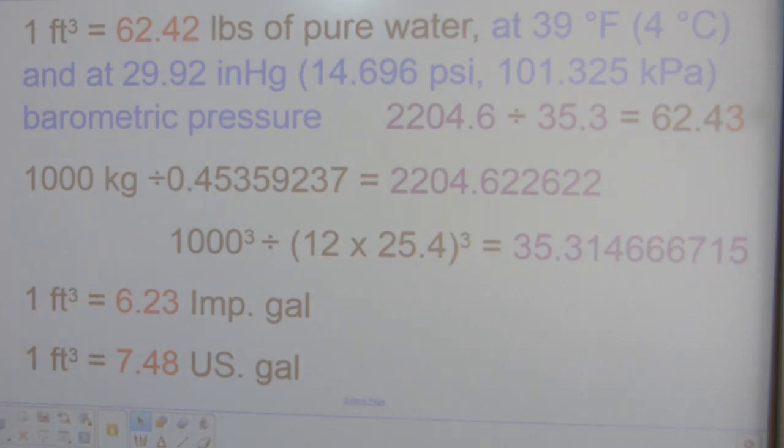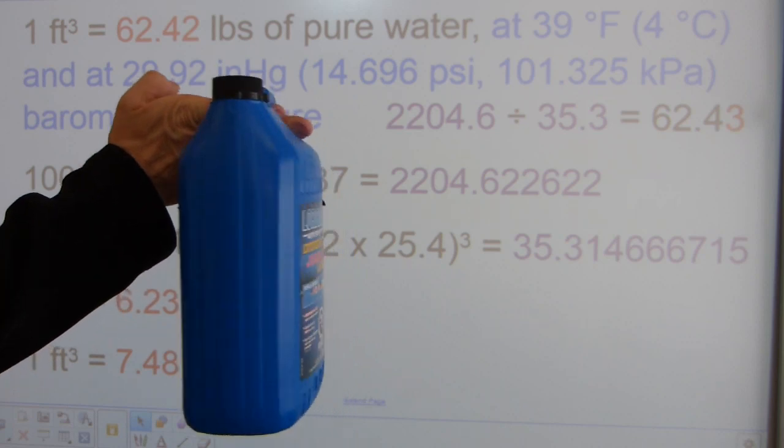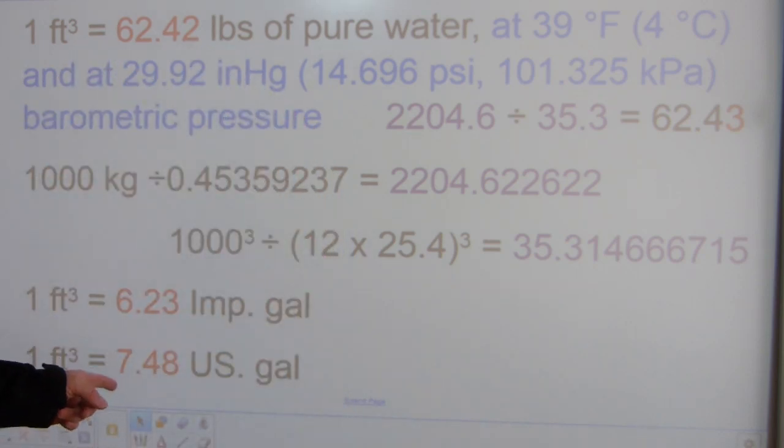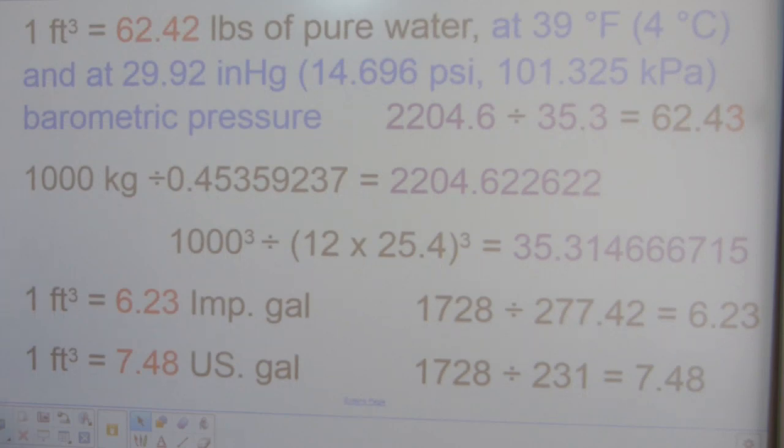And with the US gallon, because it's smaller than the imperial gallon, more of these will fit into a cubic foot. You need 7.48 of them. The calculation for them is fairly straightforward.